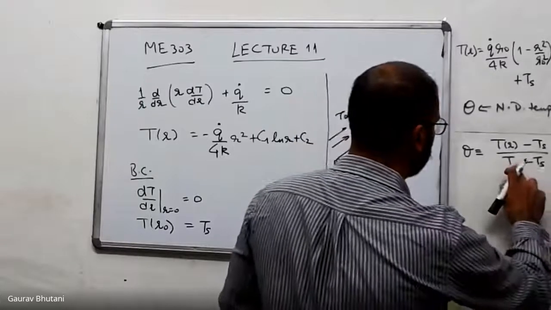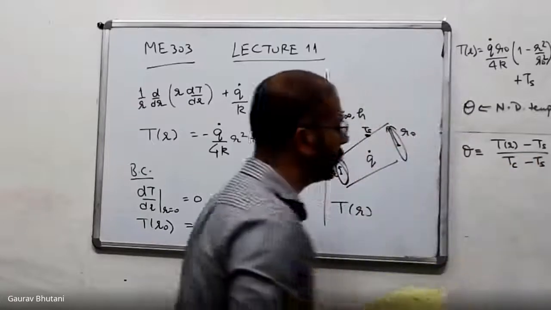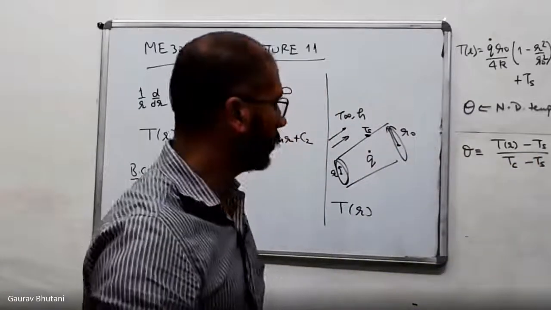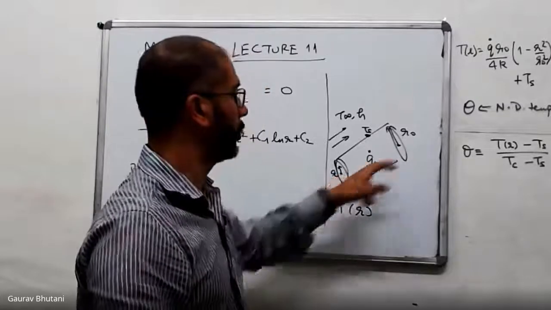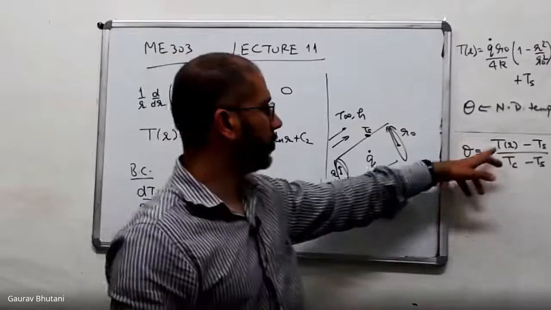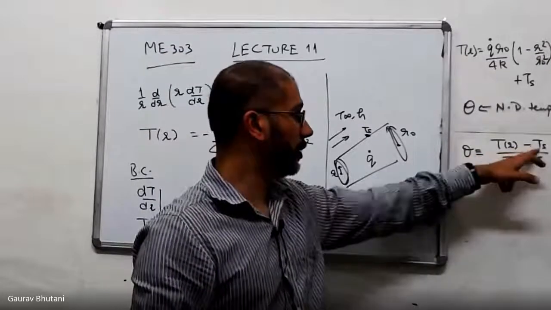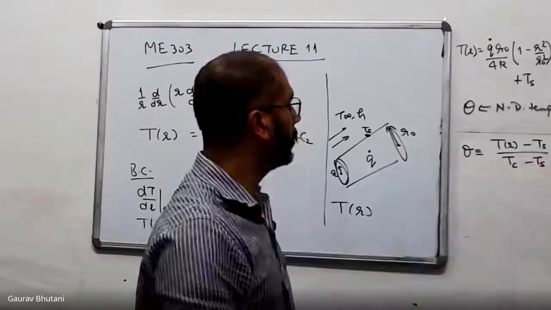So let's write, well, this is Tc. Okay. So Tc is for center temperature. Tc is a temperature at center. We don't know that, but of course, once we know this, we can find that as well. So we define theta as T minus Ts divided by Tc minus Ts. Okay, so you'll see why we do that.